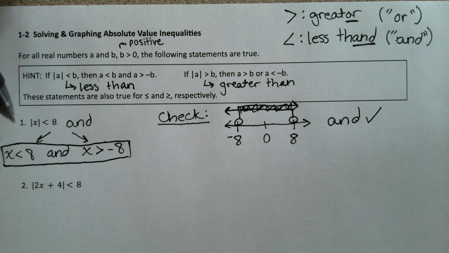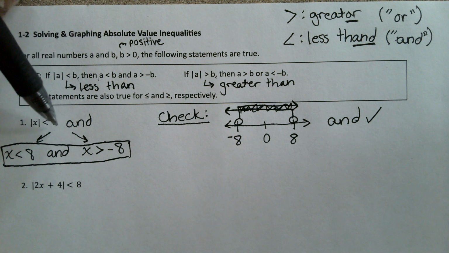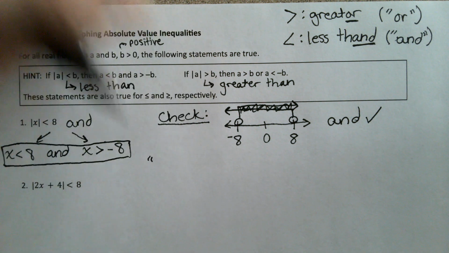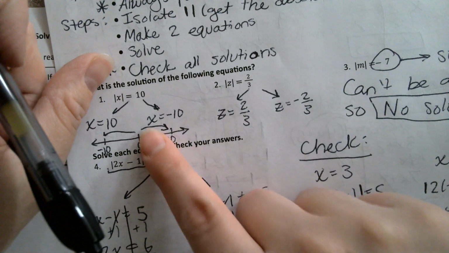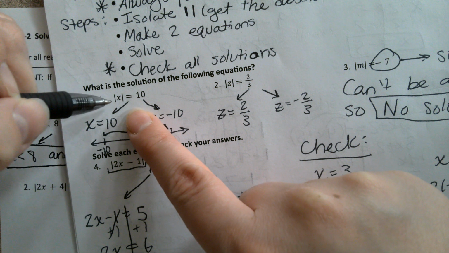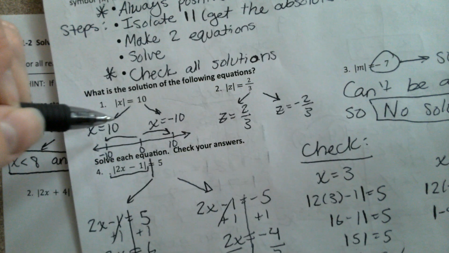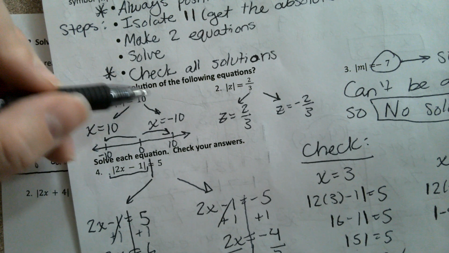I want to explain conceptually what this statement means here with the absolute value of x is less than 8. So yesterday we talked about when absolute value of x equals a number. I'll show you real quick. For example, we had the absolute value of x equals 10. That means the distance between 0 and x was exactly 10.